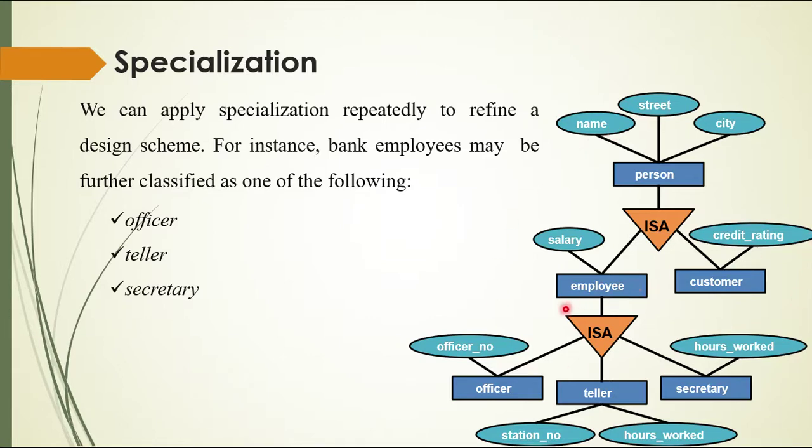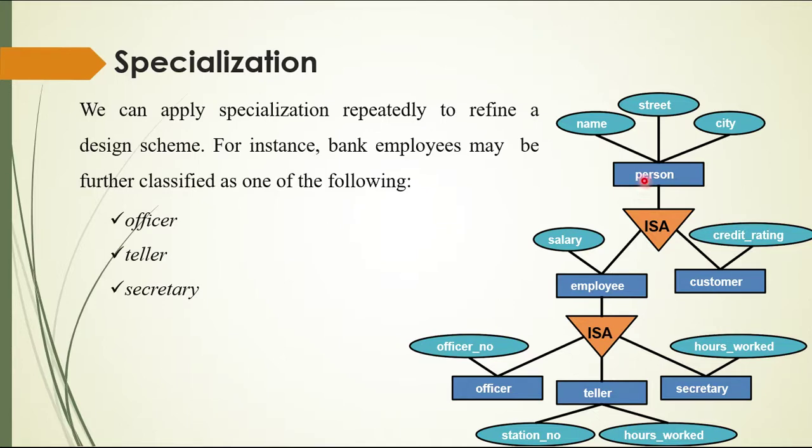Now we can say that employees of the bank are divided into different parts according to their job in the bank. So an employee is an officer of the bank, an employee is a teller of the bank, or an employee is a secretary of the bank. So we again divided this entity into further parts. This is the example of how we can apply specialization repeatedly.